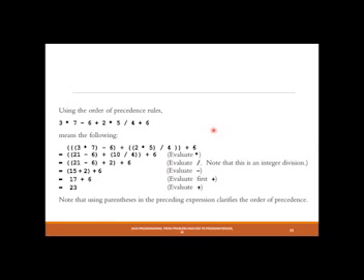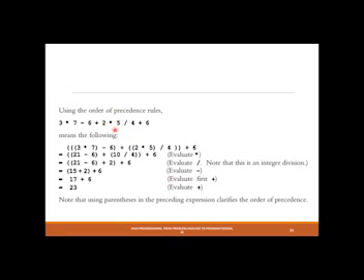To continue, using the order of precedence rules, here is an example: 3 times 7 minus 6 plus 2 times 5 divided by 4 plus 6. If we will process this using the order of precedence, using MDAS, we will first solve 3 times 7, the multiplication, and the division 5 divided by 4, and 2 times 5.